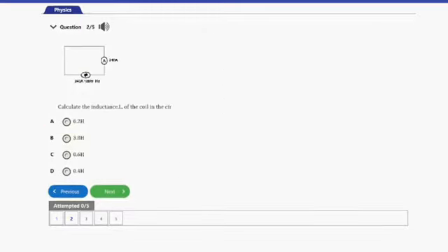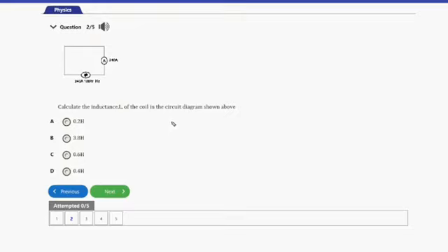That's question number 2 here. We have a diagram here, and we have to answer this question from this diagram. It says here, calculate the inductance L of the coil in the circuit diagram shown above. So we are looking for the inductance of this circuit diagram.